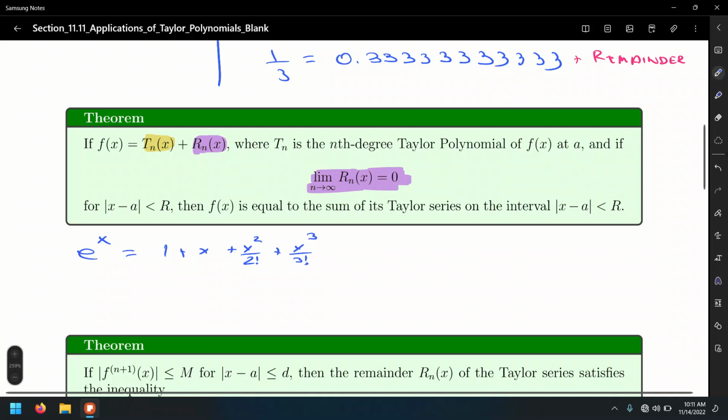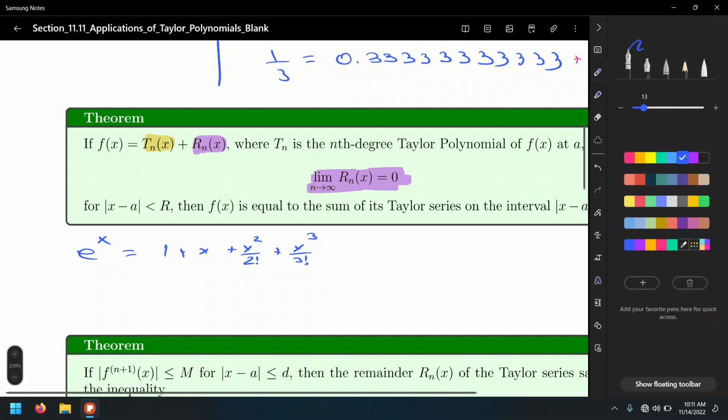If we use, in this case, p sub 3, then we are going to have a remainder, denoted R sub 3, the remainder due to using the third degree polynomial. That is, of course, infinitely many terms that we're leaving out in the approximation, the degree 4 terms and on.